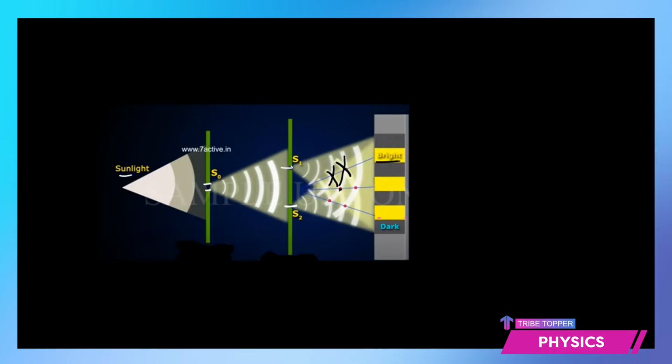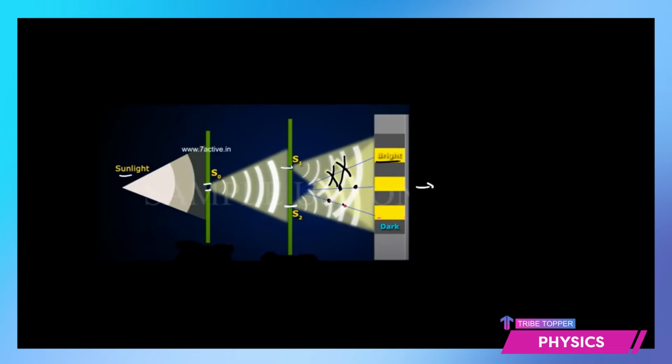Even in the middle, you have the brightest spot. And where destructive interference happens, that is, a crest falls over a trough, you get the dark fringes. So your interference pattern is going to give you dark and bright fringes exactly like it is shown here.